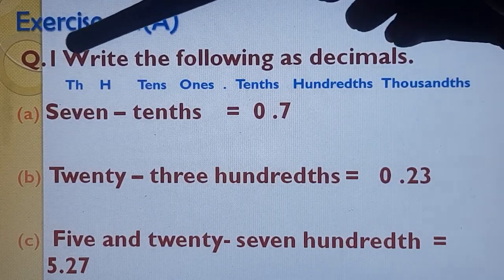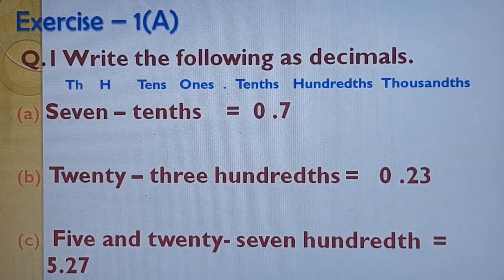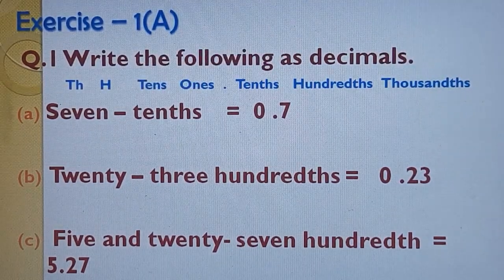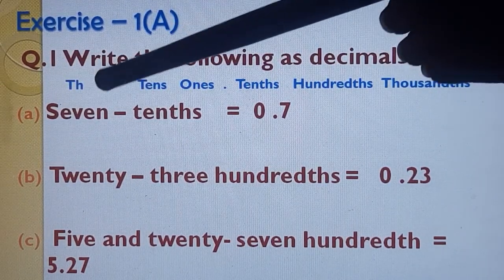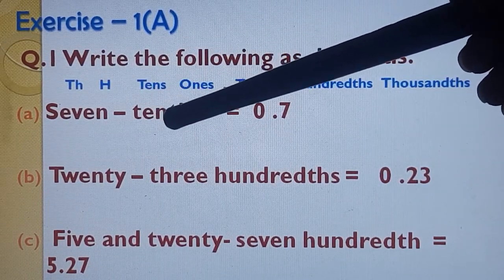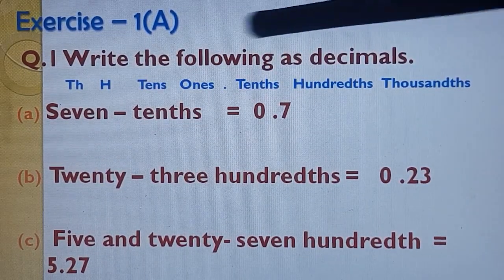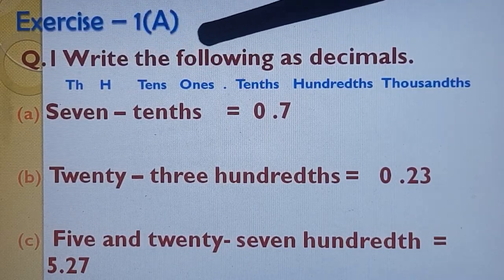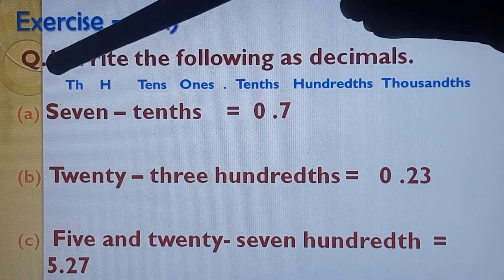Exercise 1A, your first question is write the following as decimals. A part, 7/10. Now from here we can understand that is 7/10. 10th after decimal it is the first place. So what was our place value chart? If we are talking about whole number parts, ones, tens, 100, 1000.